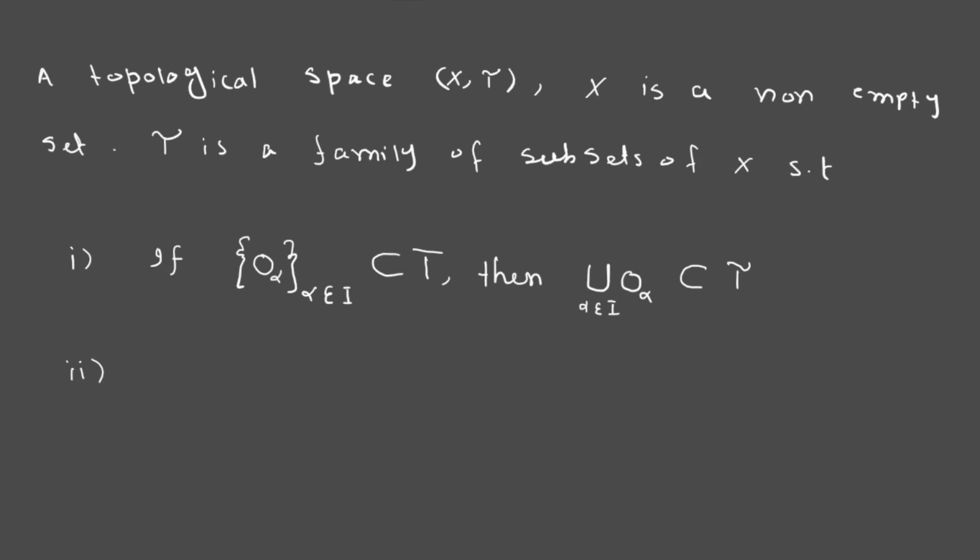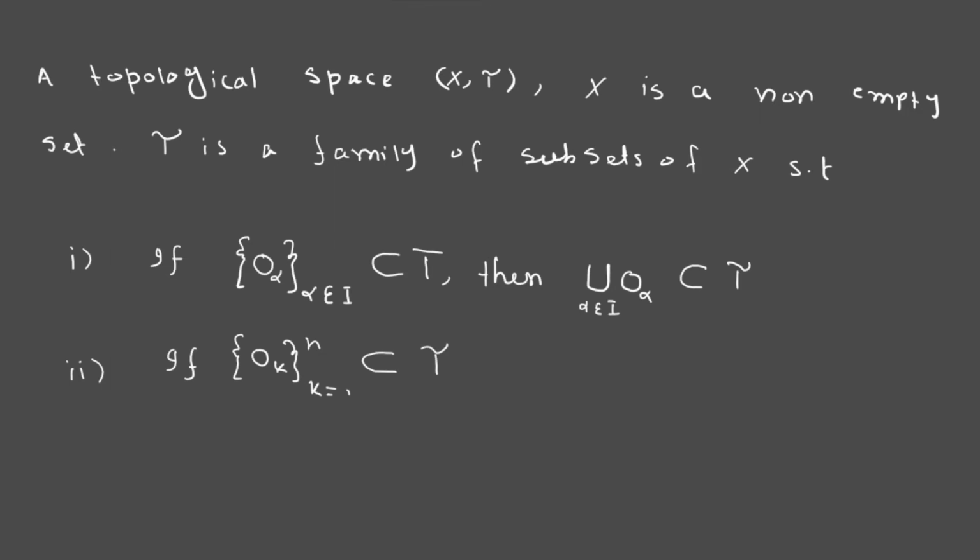And similarly, if I take O k, which are finite members of tau, where k is equal to 1 to n, and we are taking them from the collection tau.